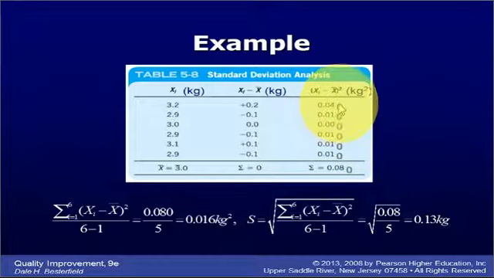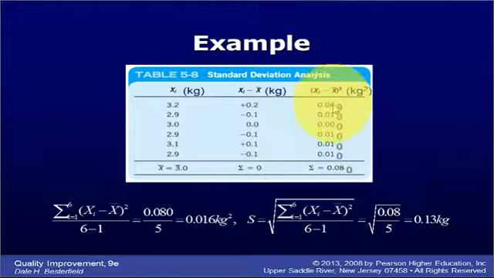So if this positive number is large, then that means this data point is far away from the average. If this number is small, it can be no less than 0. So if it is small, then that means this data point is close to the average.